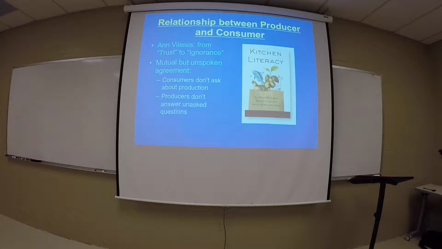And then some people, like the author of this book, Kitchen Literacy, Anne Valasis, I think is how she pronounces her name, talk about the relationship between the producer and the consumer and how this has gone from a relationship of trust based on communication to now a situation where there's complete ignorance.